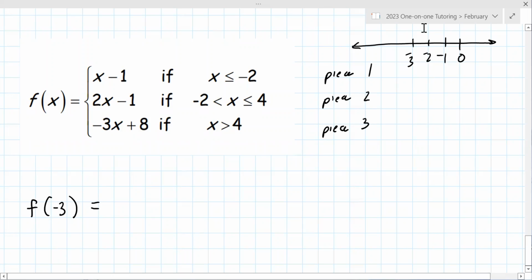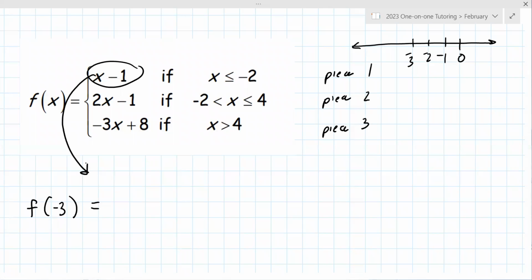Well, I'm asking if it's true. Is -3 less than or equal to -2? Or in other words, is it left? It's left. So the first one is true. So we're going to use the first one here, where you're going to put -3 in for x.